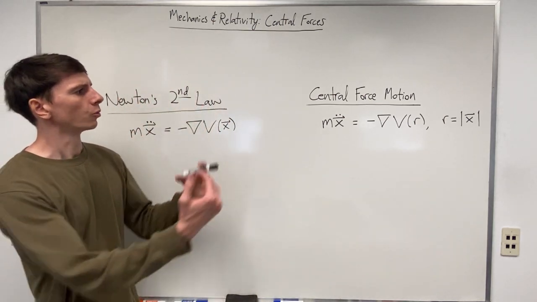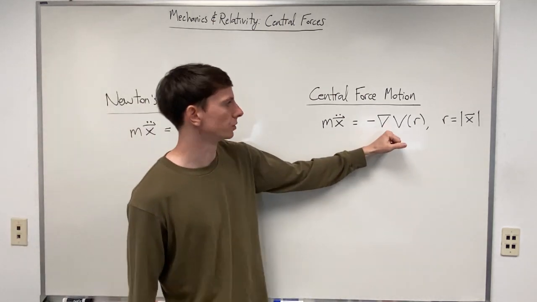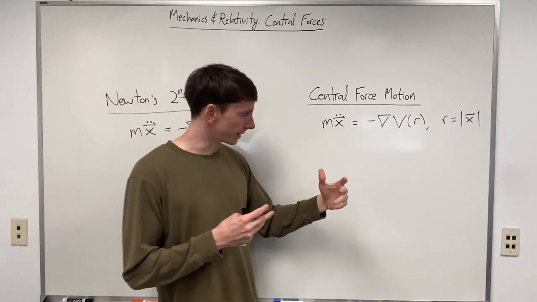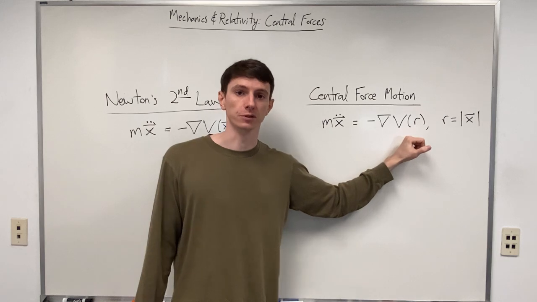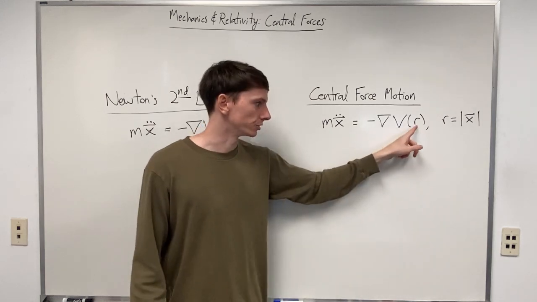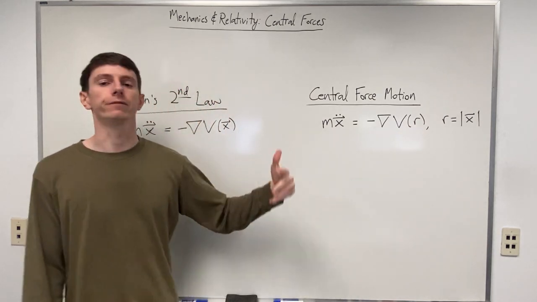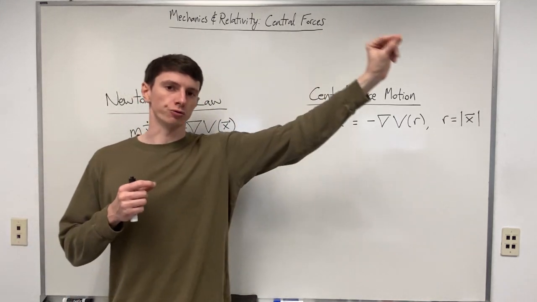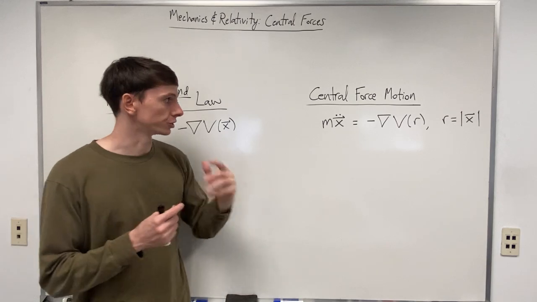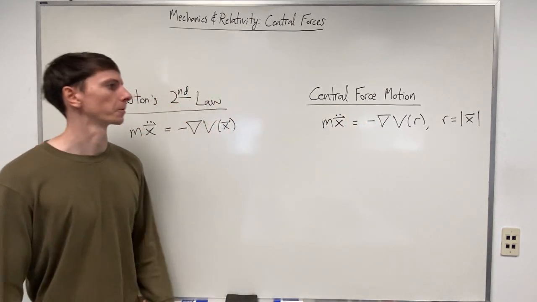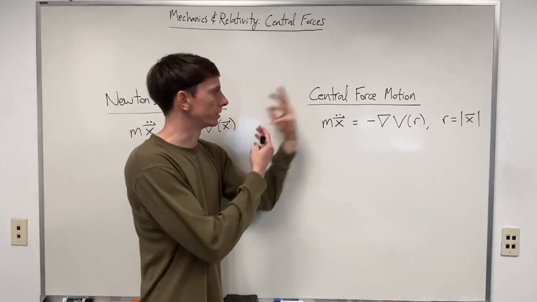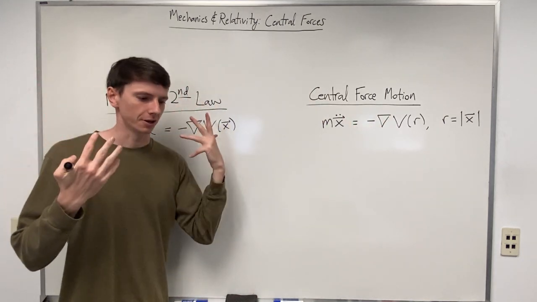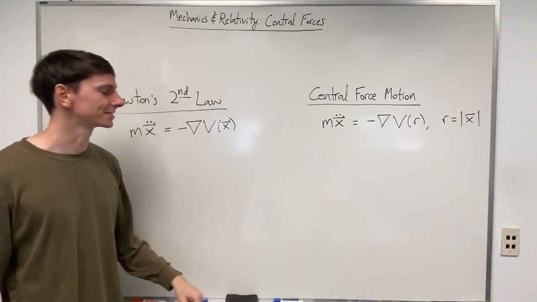So we have a potential that only depends on a radial distance, and in turn, the force that's defined from this potential also only depends on this radial distance. That means F would be a function of r. Forces that only depend on a particle's radial distance from the center are known as central forces, and that's what distinguishes a central force from a general force. Hopefully that sounds familiar or at least makes sense.